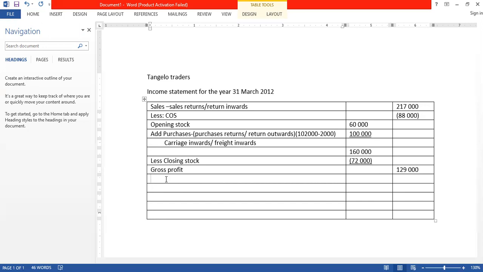So what you need to do is we have to less our expenses. Okay. So what expenses do we have there? We have salaries and wages.